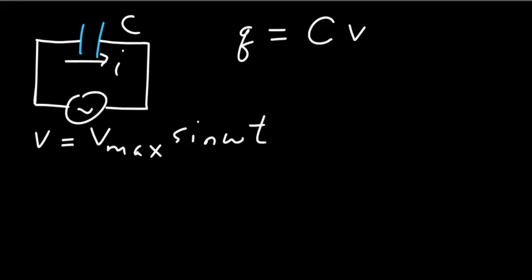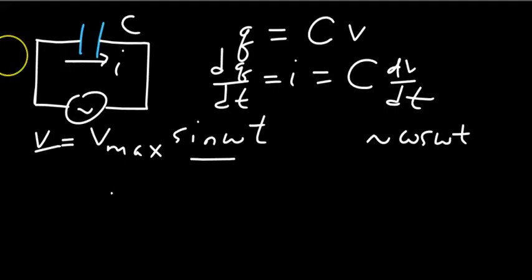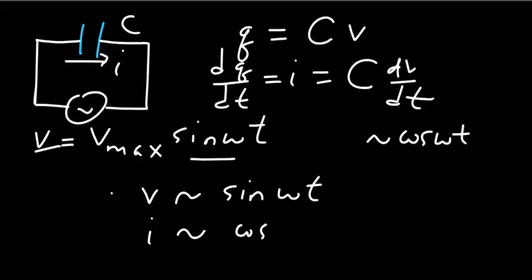If you take dq dt, you will get the current, and the right hand side will become capacitance times dv dt. Since v is a function of sine, dv dt will be a function of cosine. So what we have here, voltage varies as sine omega t, and current varies as cosine omega t.